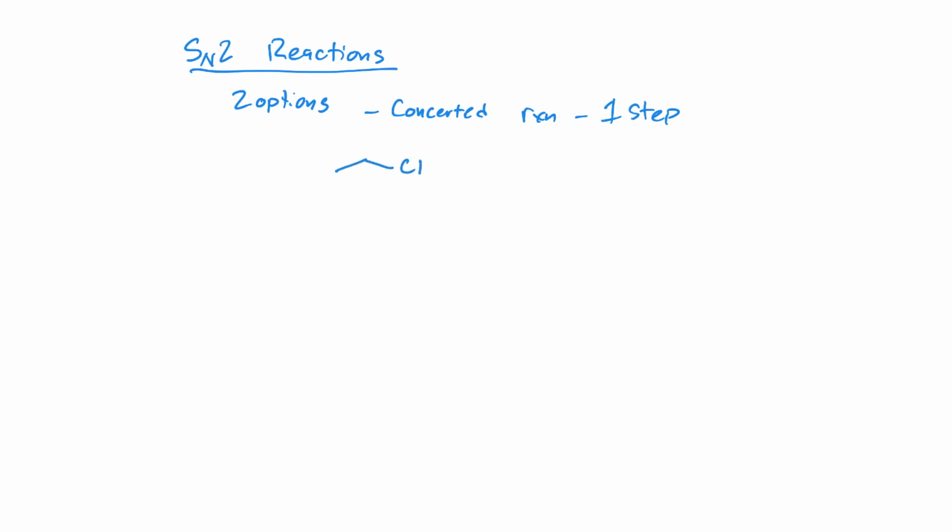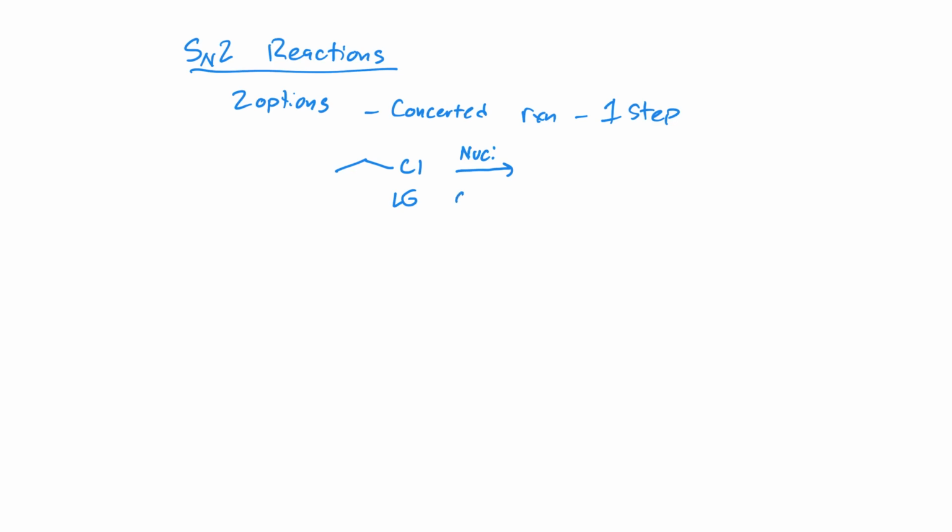We'd have a chlorine, and we're going to learn that we call that a good leaving group. It is a stable anion when it's produced. Its conjugate acid is very strong, so we know that it's a very weak base. It's not very reactive. And if we use a nucleophile, that's really anything with a reactive lone pair of electrons, so this could also be considered to be a Lewis base.